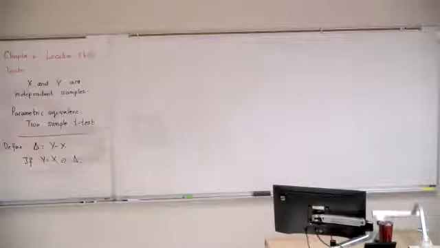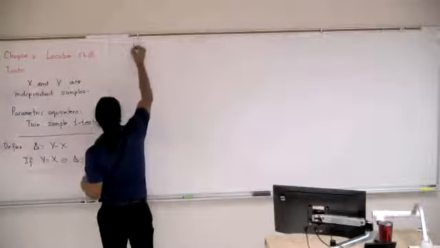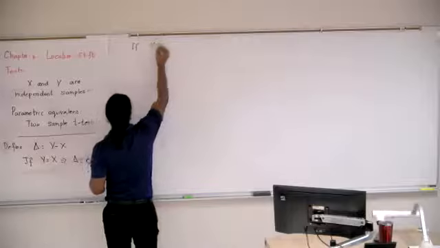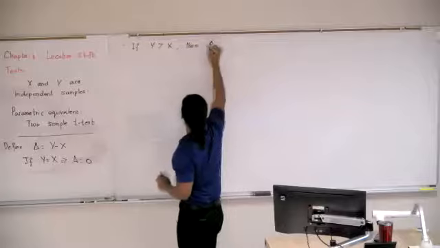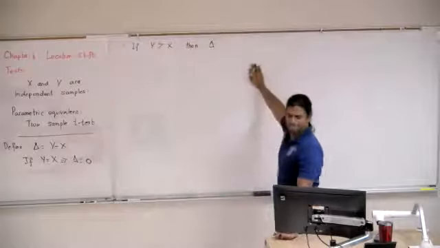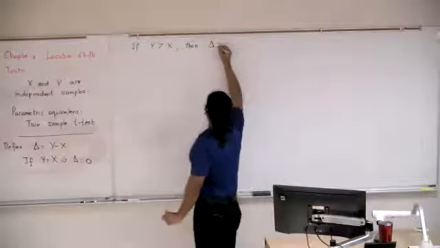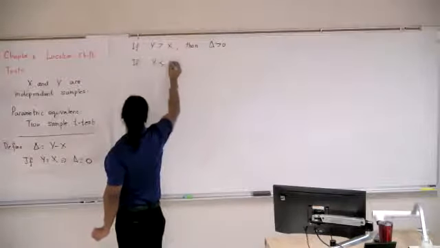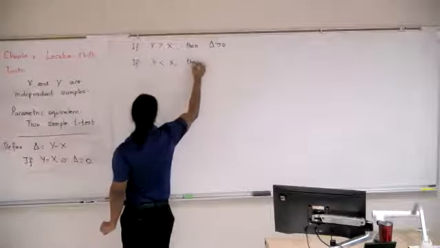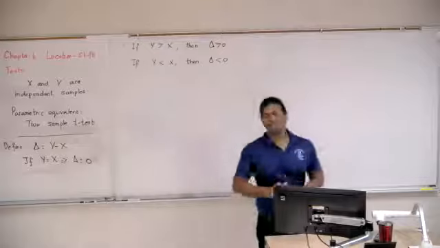That's an easy question. It's 0. If y is greater than x, then delta would be greater than 0. If y is less than x, then delta would be less than 0. Agreed?